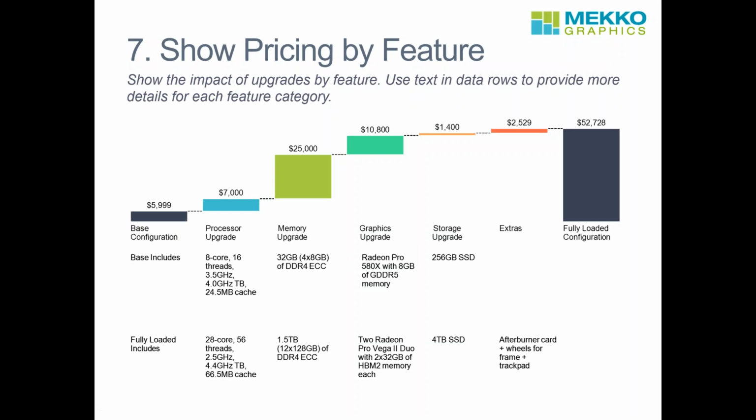I made my chart just about half the size of the chart area, and then I added these very text-heavy data rows to the bottom, and this really helps explain why the costs are so much. I'm going from 32 gig base memory to 1.5 terabytes in my fully loaded configuration. So again, the build-up with the data rows is a nice combination there.